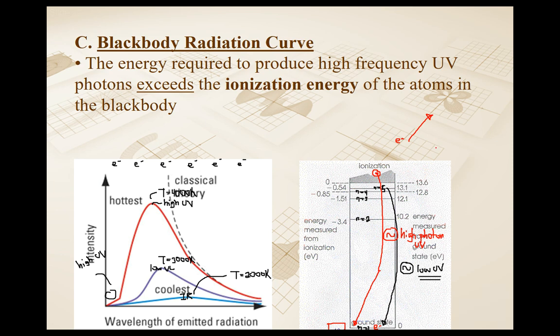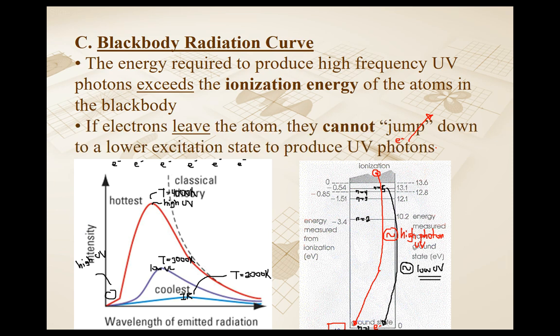So we can never observe any of these high UV or X-ray or gamma ray photons from transitions between the energy levels in an atom, because you would need too much energy, in excess of ionization. You just end up ionizing the atom instead. If the electrons leave the atom, they can't jump down, and you can't produce these high frequency UV photons, X-rays, or gamma rays.